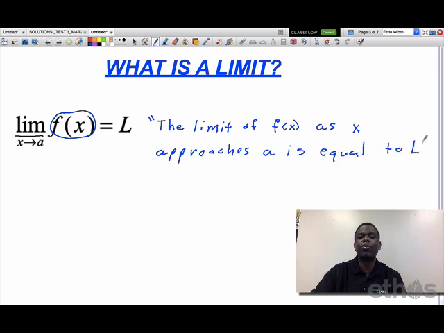And so that's how we read this. So when we see the limit of f of x with that x and that little arrow pointing to a, the way we read that is the limit of f of x as x approaches a is equal to L.